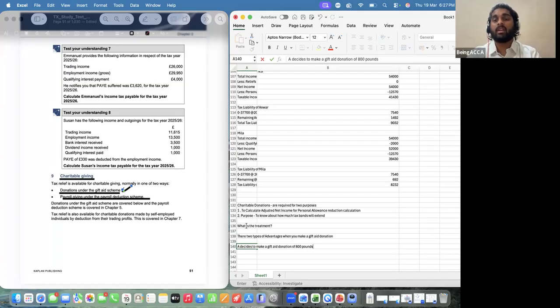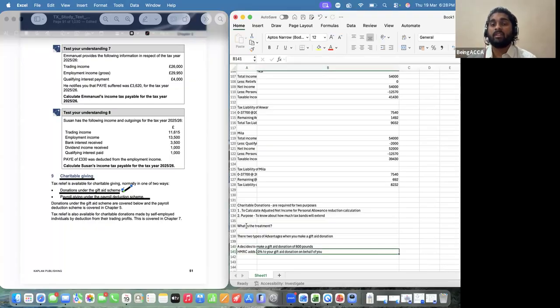In addition to what you decide to donate, HMRC adds 20% to your gifted donation on behalf of you.